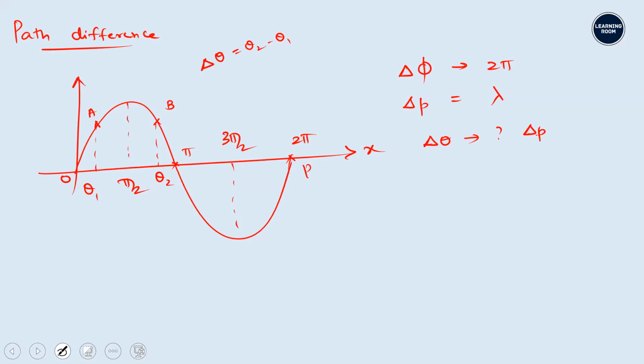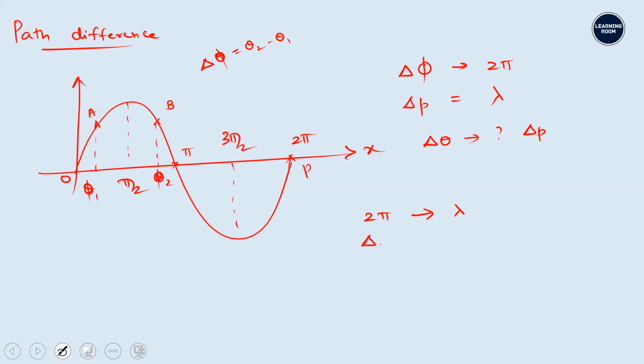Now I'll do a small modification to this expression. Instead of calling it delta theta, I'll call it delta phi. If the wave has a phase difference of 2 pi radians, the corresponding path difference is lambda.